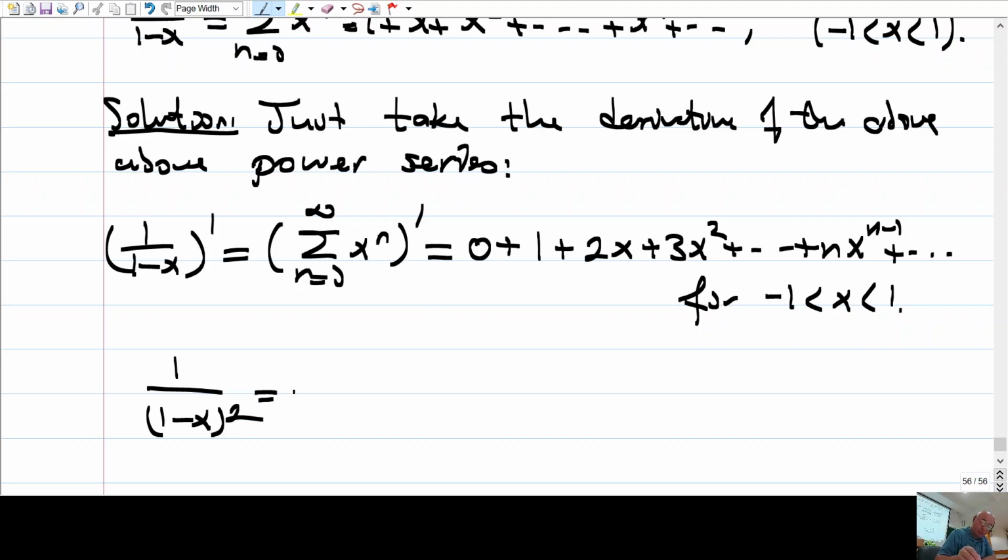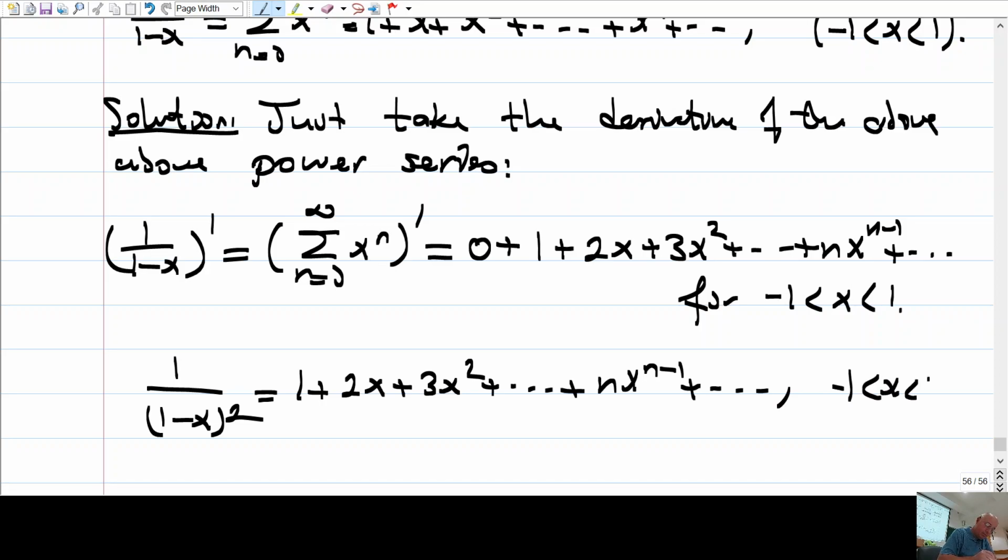And this is equal to 1 plus 2x plus 3x squared. Okay. So we obtained a power series representation for this function, 1 over 1 minus x squared.